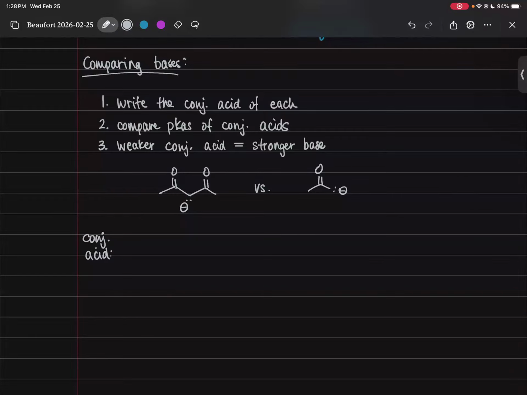So we're just going to allow each of these bases to attach a proton where they have their lone pair and the negative charge. So proton there. And proton there.